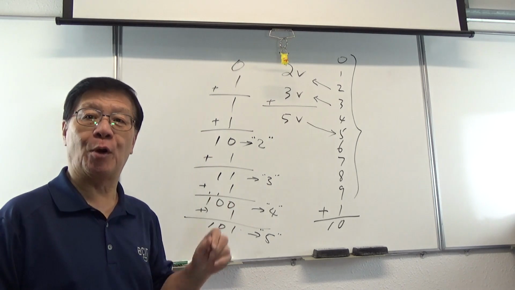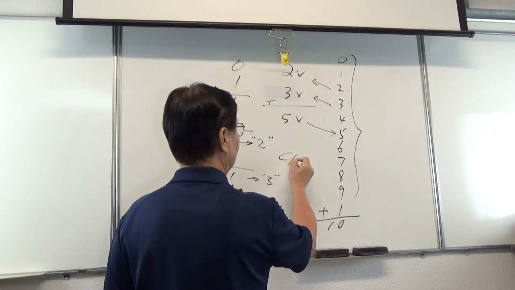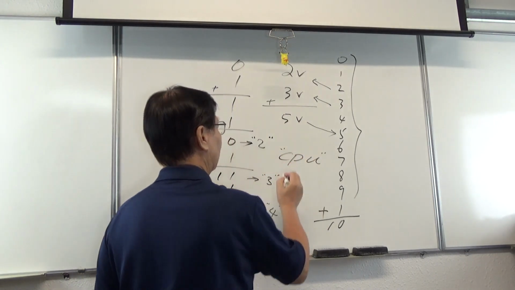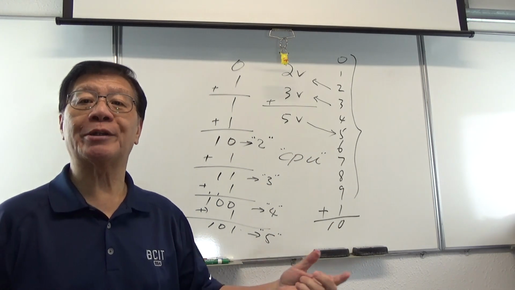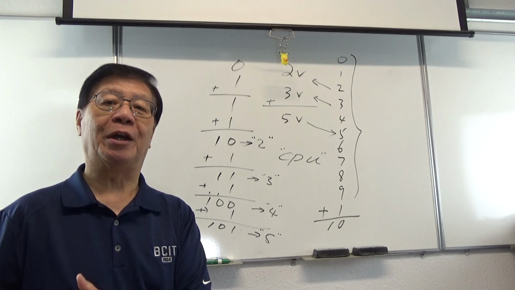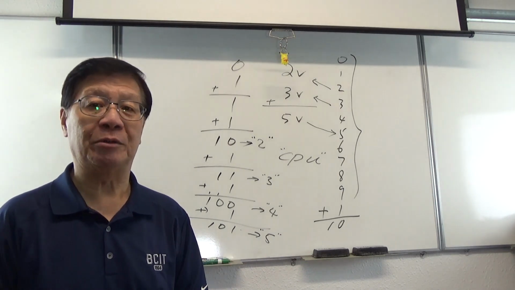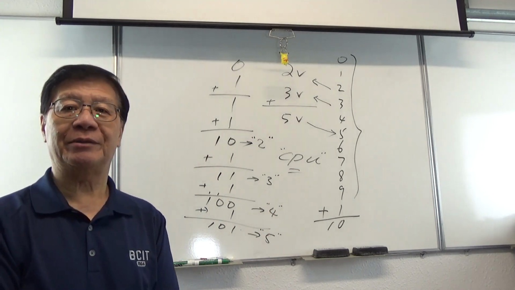That's the point. So when we say CPU, everybody is talking about the computer CPU. What is a CPU? Central Processing Unit. Central, we don't have to explain. Unit, we don't have to explain either. What does it process?